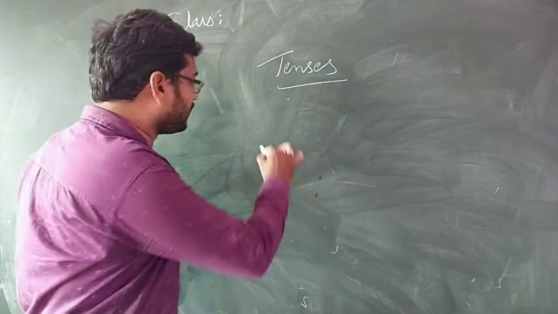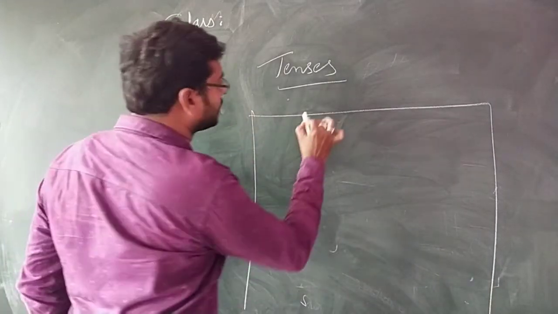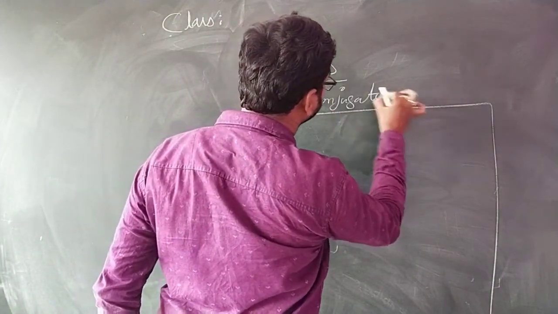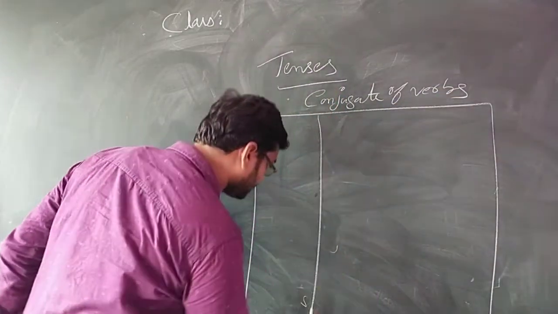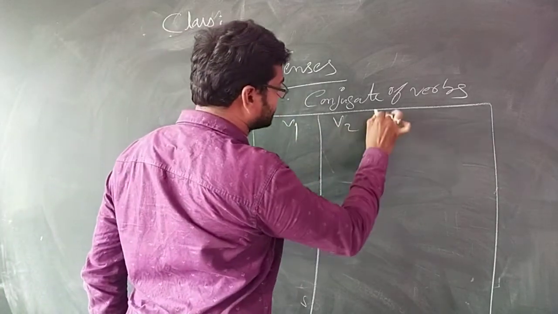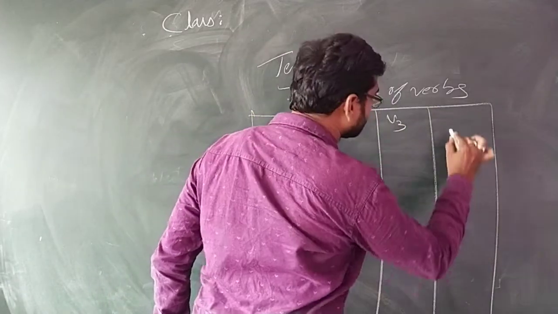Now let us first see some conjugate of verbs, or conjugation. Conjugate of verbs. Verb forms: verb in first form V1, second V2, V3, V4.